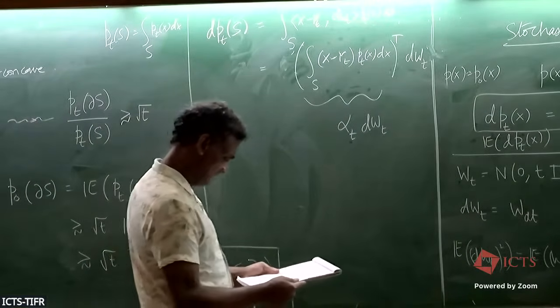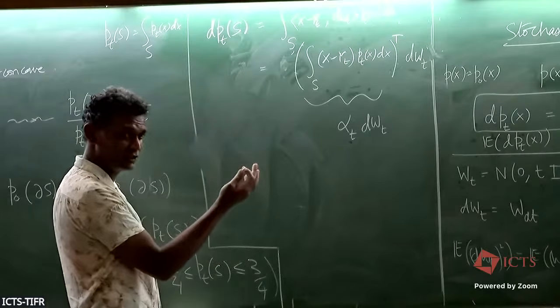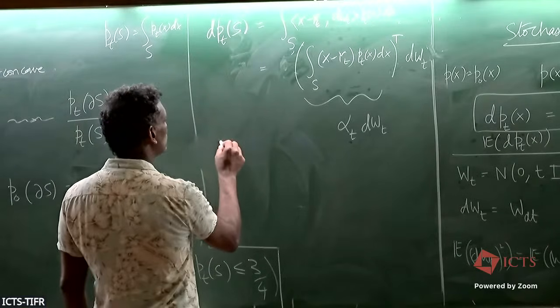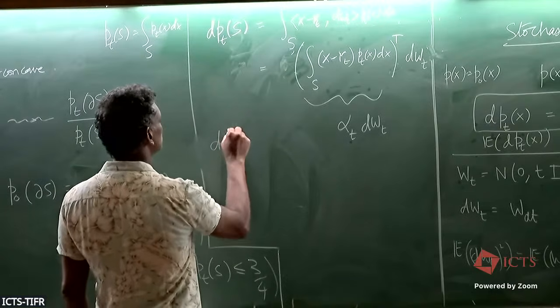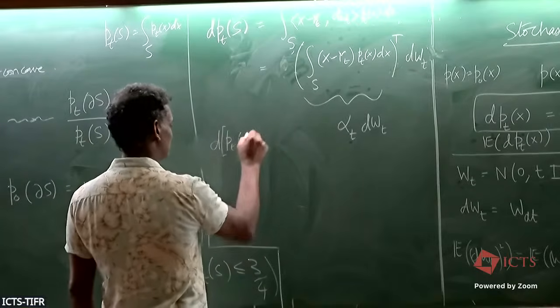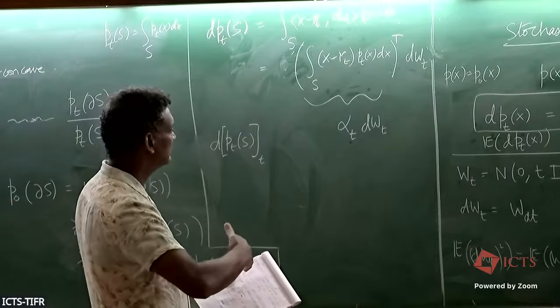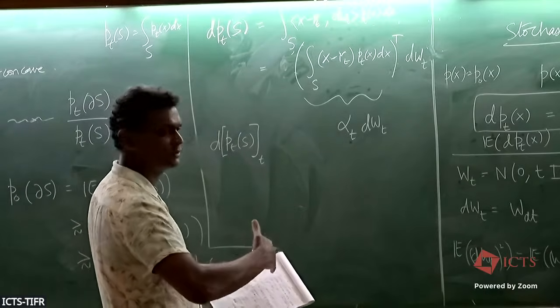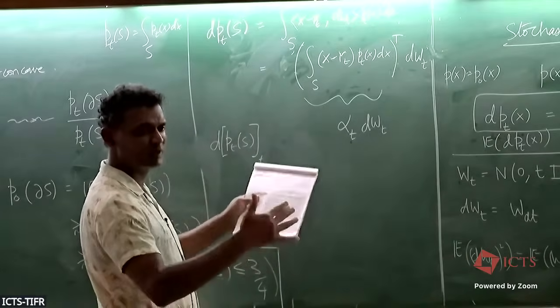We have to look at the quadratic variation of this, which we can still talk about. The formal notation looks like this, but what this is really saying is the integral of the stochastic part squared.